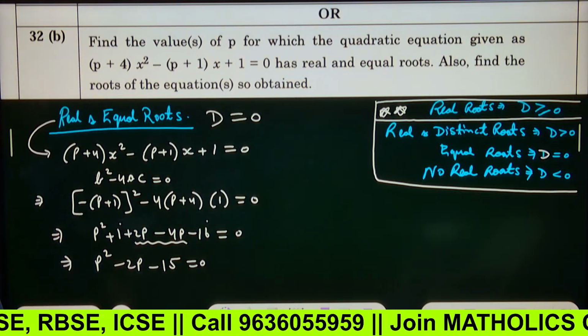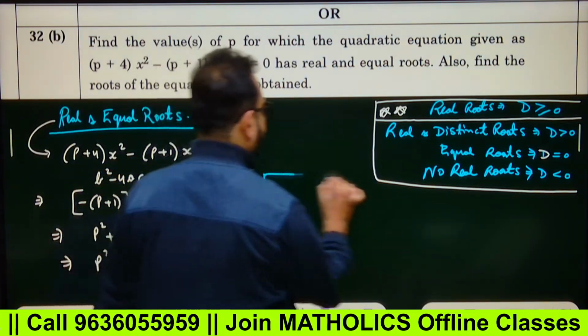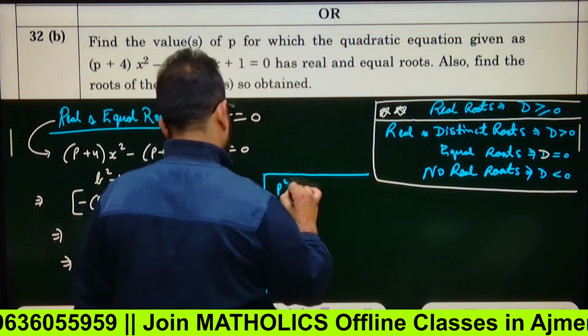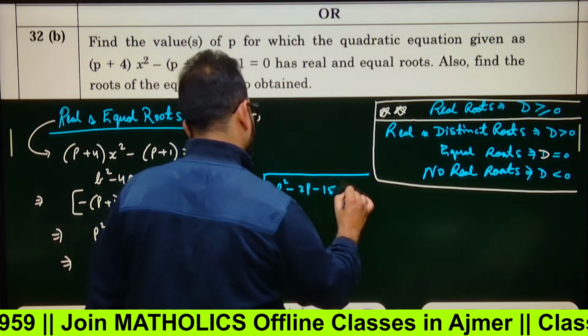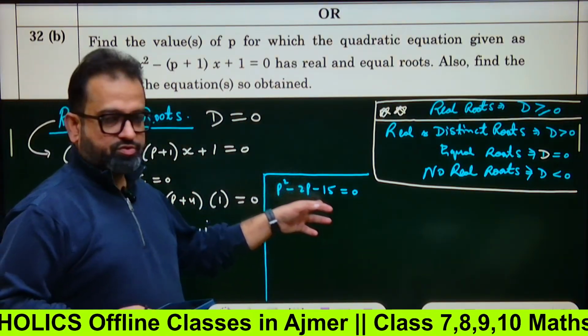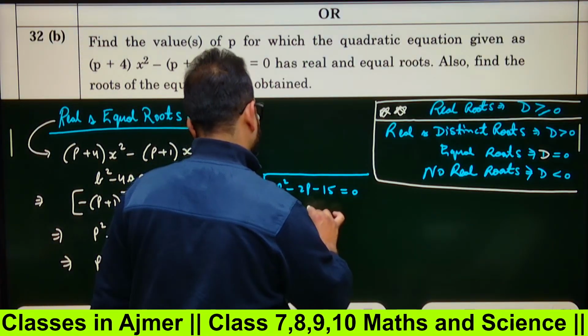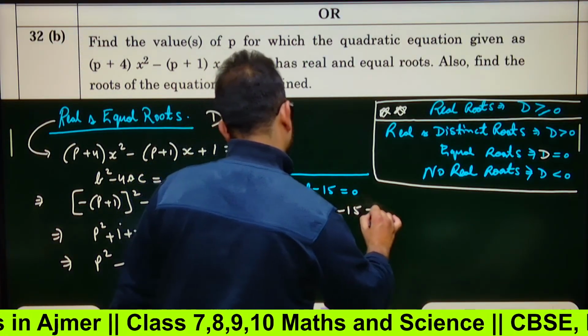This is solvable easily by splitting the middle term. P square minus 2p minus 15 equals to 0. Think of two numbers whose product is minus 15 and difference is 2. 5 and 3 will be the factors: minus 5p and plus 3p. 5 threes are 15. So p square minus 5p plus 3p minus 15 equals to 0.